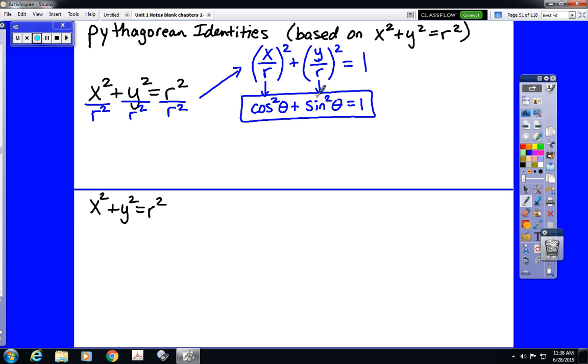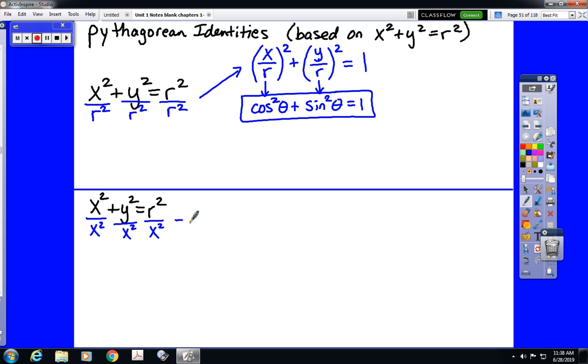There are a total of 3 of these because we could take the original equation and divide it by any of the 3 terms. So we divided by r squared to generate that identity. Now let's divide everything by x squared.